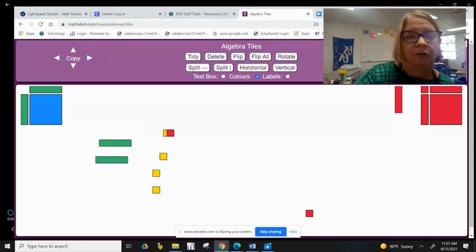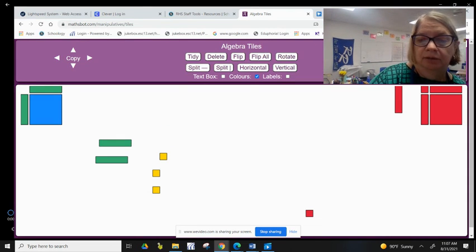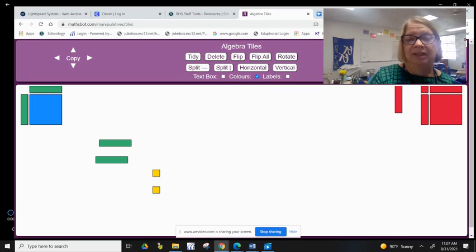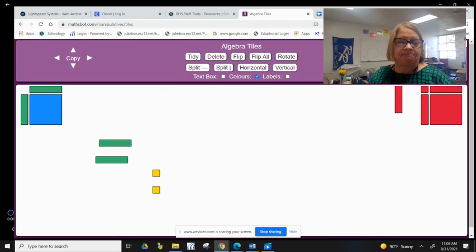And so your answer, what's left? 2x plus 2. That's how you combine with those algebra tiles.